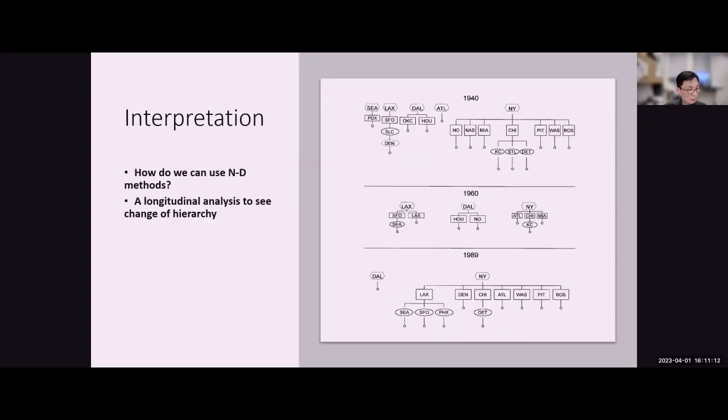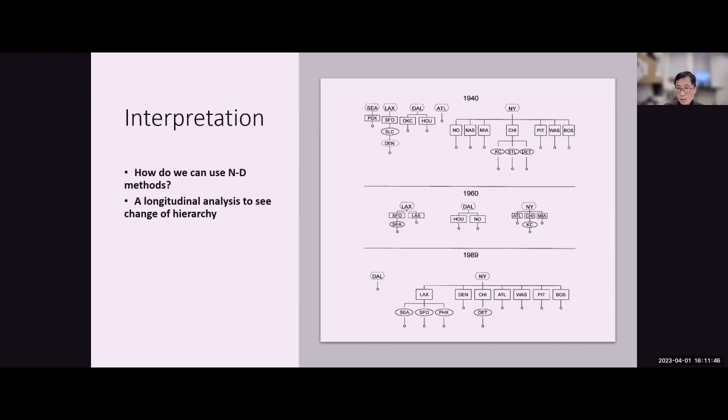What is useful about this procedure is that if you have the OD matrix across different eras, like 1940, 60, 89, then by doing this procedure you can create the hierarchy using the matrix of each time. And now you see that there has been some change of hierarchy between 1940 to 60, and 60 to 89.